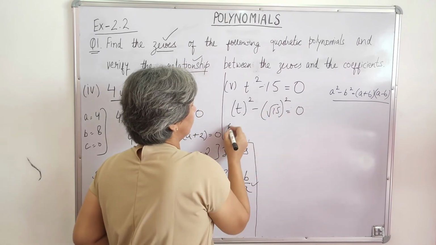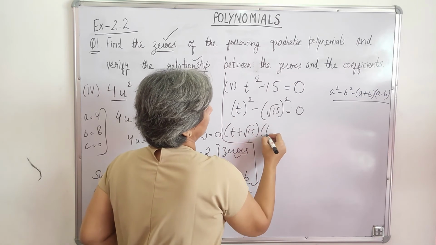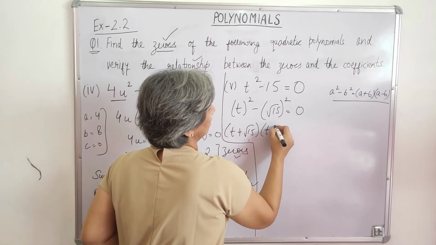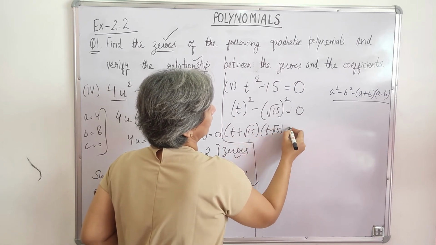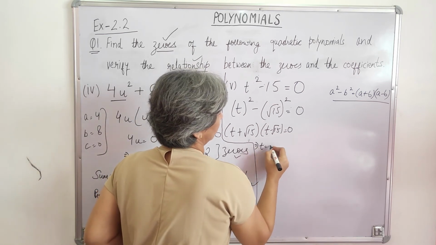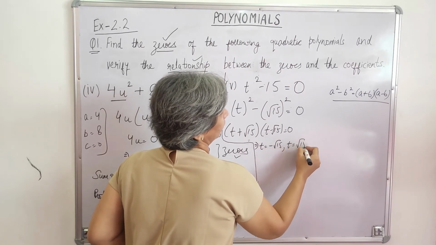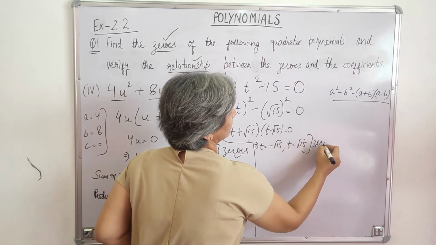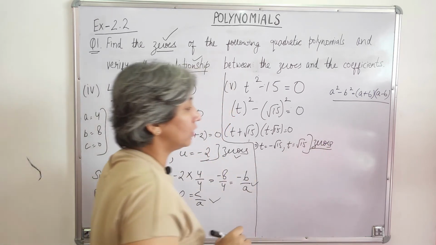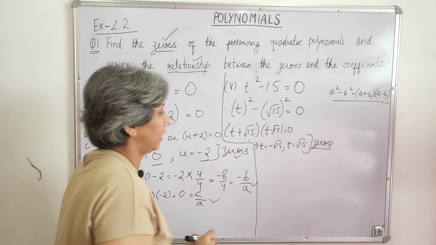So we'll use the formula, we'll do t plus root 15 and t minus root 15, which will give me t equal to minus root 15 and t equal to root 15, which are my zeros for this quadratic polynomial, right?